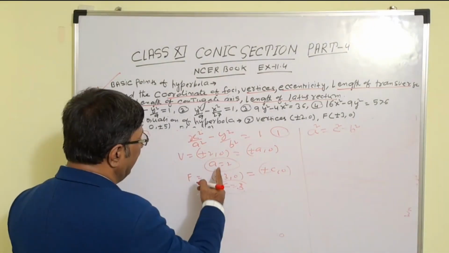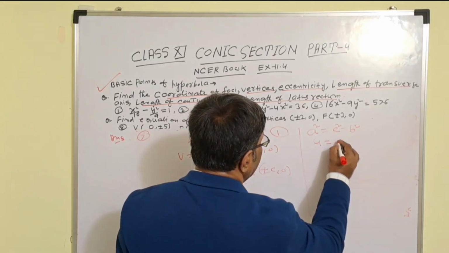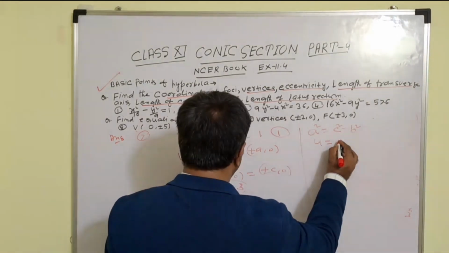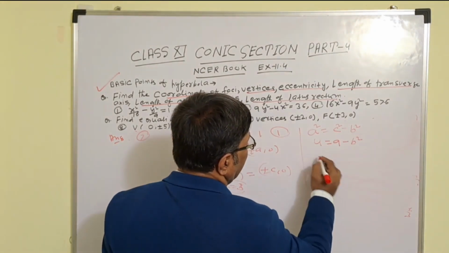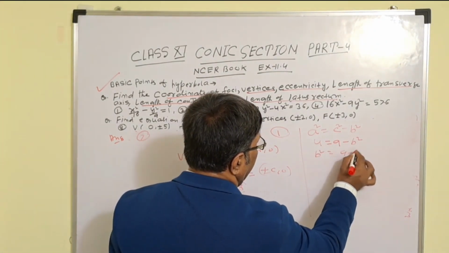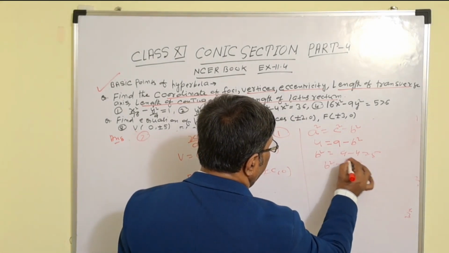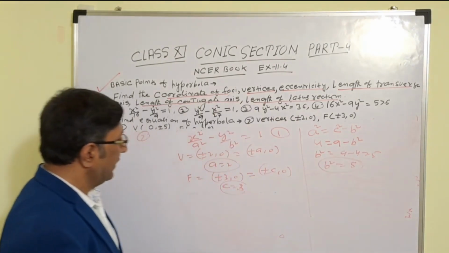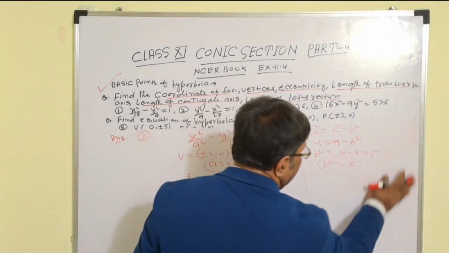So a is 2, so a square is 4, and c is 3, so c square is 9. So b square is 9 minus 4, that is 5. So b square we found is 5. Now the equation of the hyperbola we can write very easily.